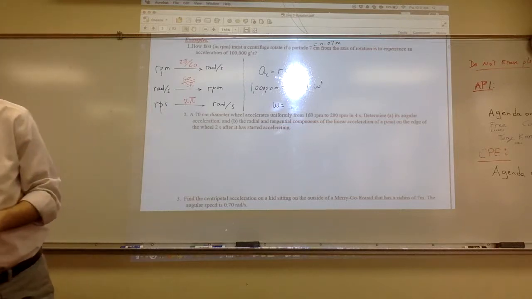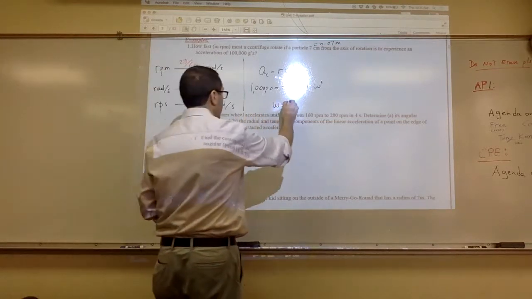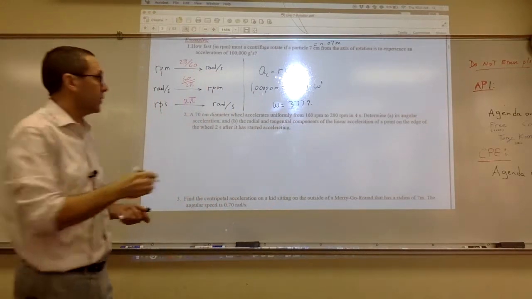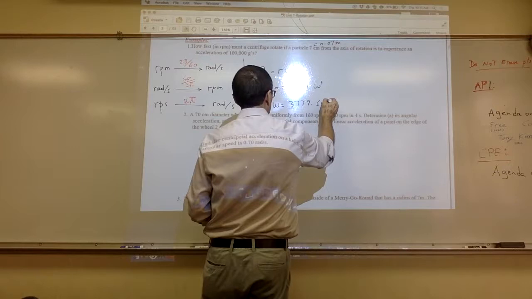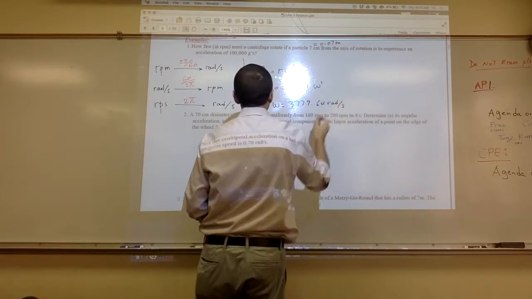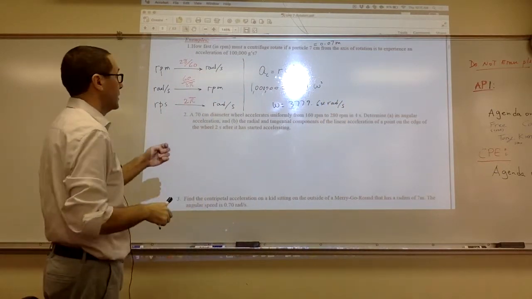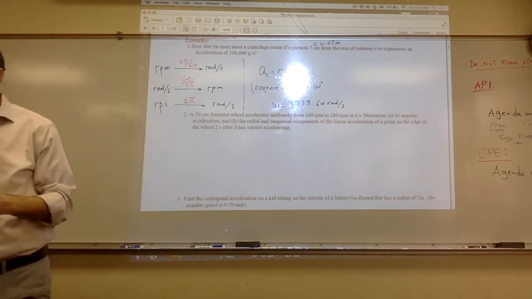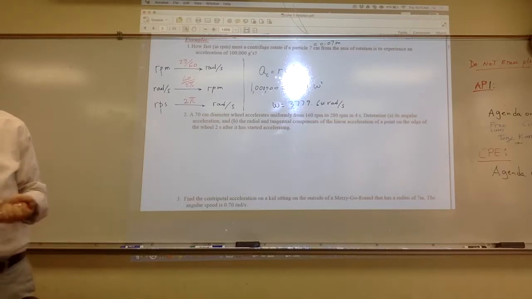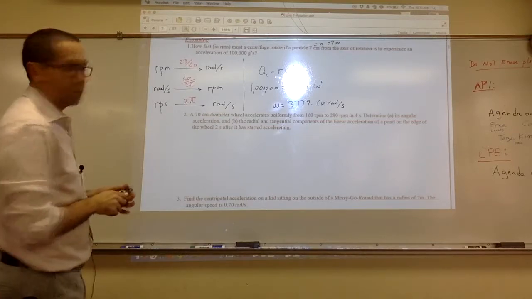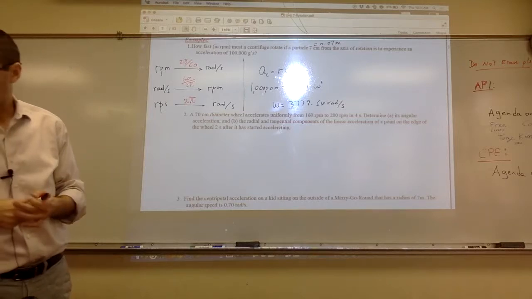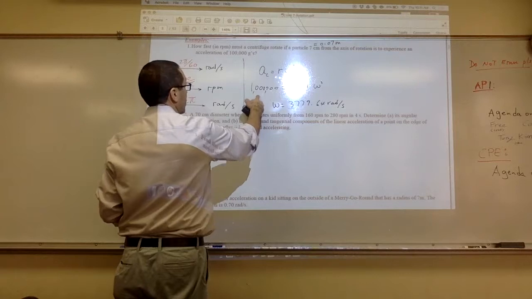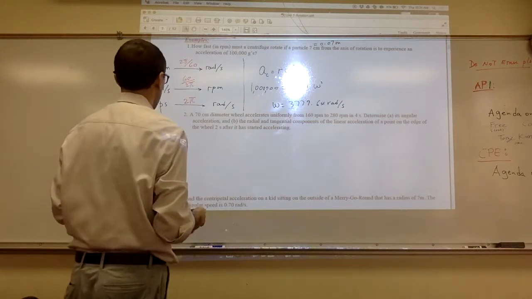So the omega will be 3779.64 radians per second. Now to change that to RPM, you just multiply by 60 and divide by 2 pi. Okay, and you should get 36,092.95 RPMs. That's pretty fast. Okay, but you have to bring it up to a million Gs. That's a lot of acceleration.